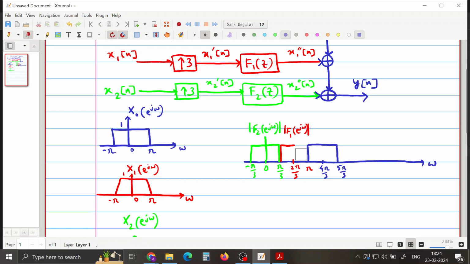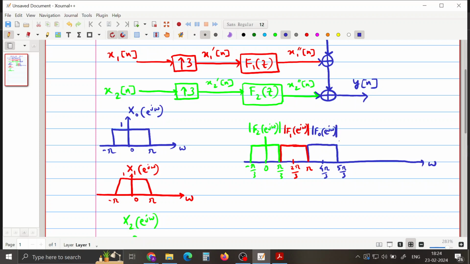They are non-overlapping, but they are exactly next to each other. They are touching basically, but not overlapping. So this ends directly here. Okay, there is no gap in between them. So this is what the third one is, which is f naught of e power j omega.